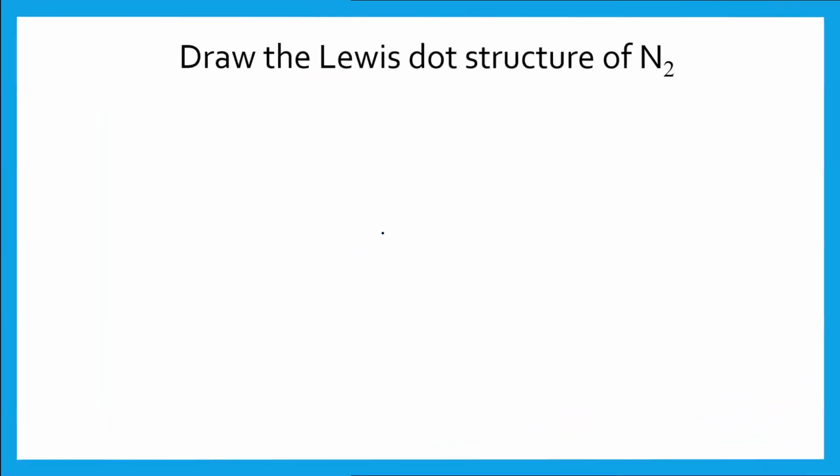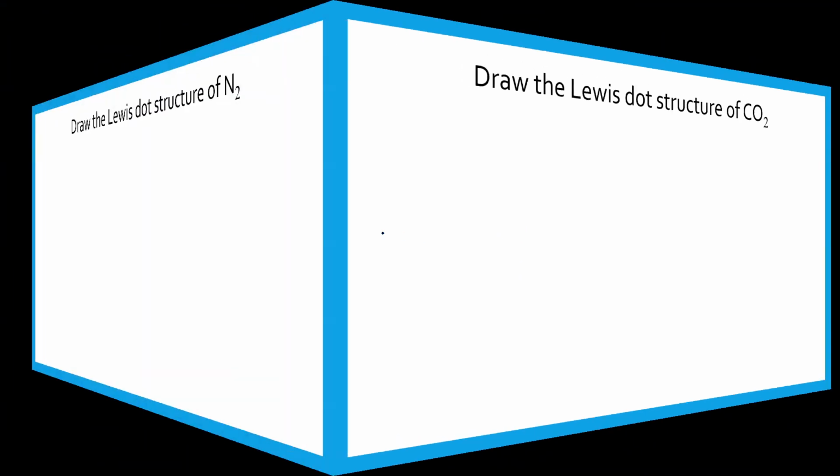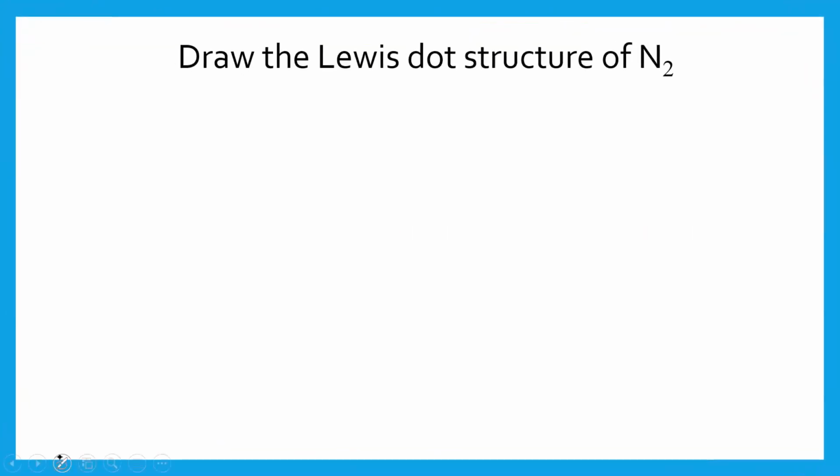Okay, let's try this one, N2. So remember, you can also have not only single bonds that we've been drawing, but you can also have double and triple bonds. N has 5 dots.